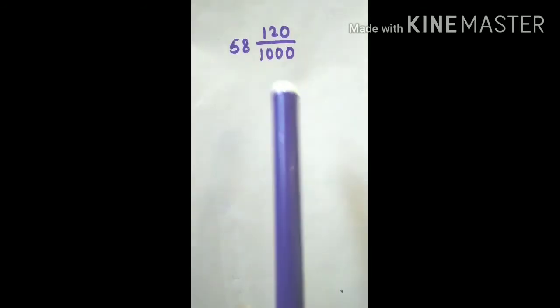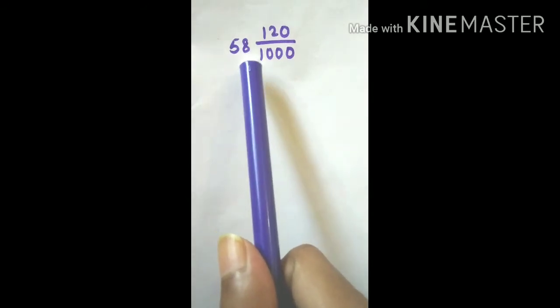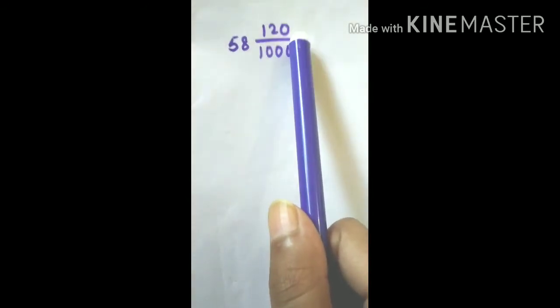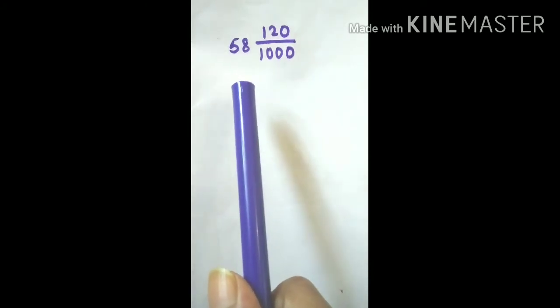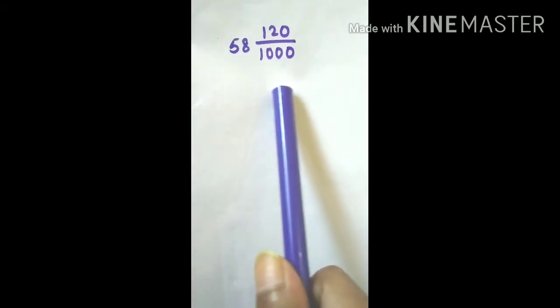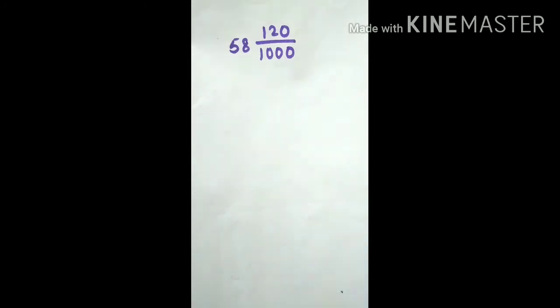Now students, look at this question, 58 and 120 by 1000. Suppose we are asked to express this mixed number as a decimal.